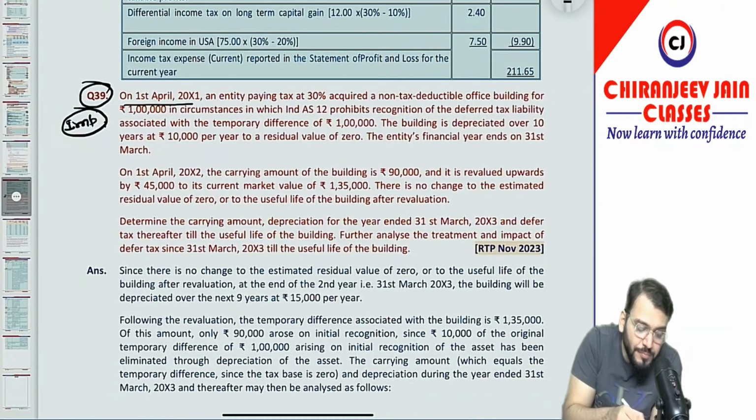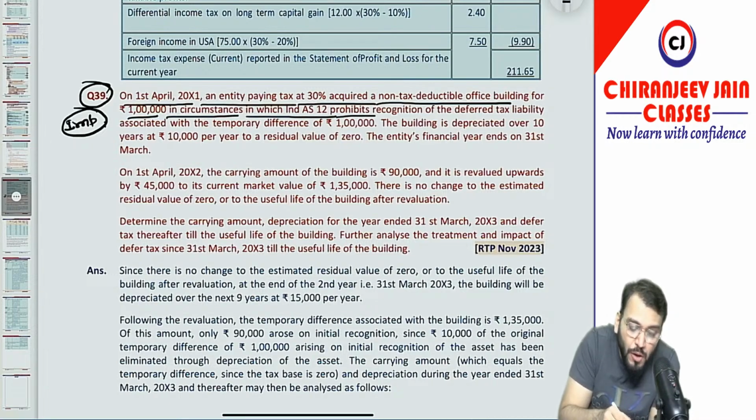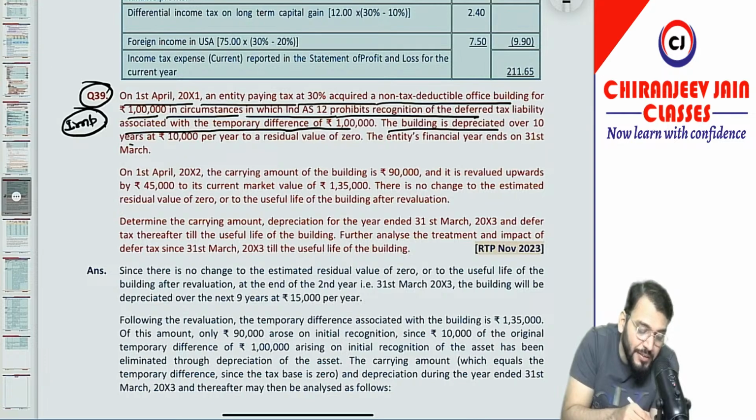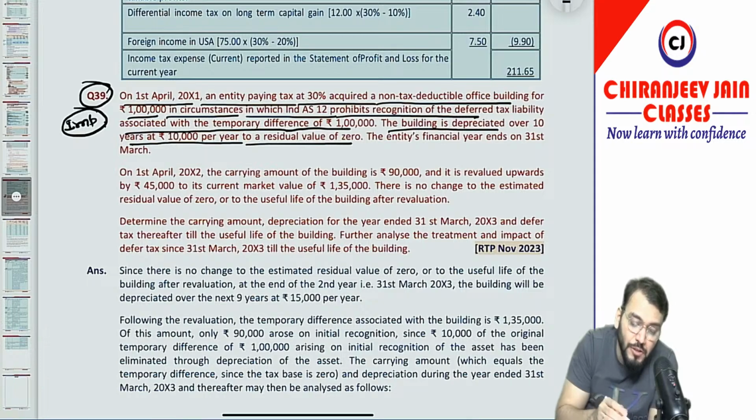On 1st April 2001, an entity paying tax at 30% acquired a non-tax deductible office building for rupees 1 lakh, in circumstances in which Ind AS 12 prohibits recognition of deferred tax liability associated with the temporary difference of rupees 1 lakh. The building is depreciated over 10 years at rupees 10,000 per year to a residual value of 0.